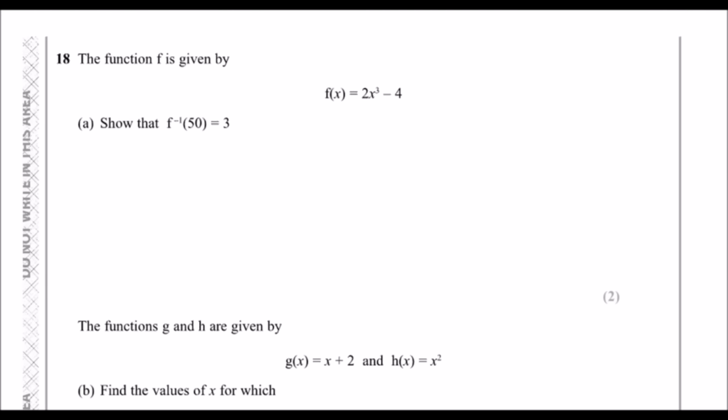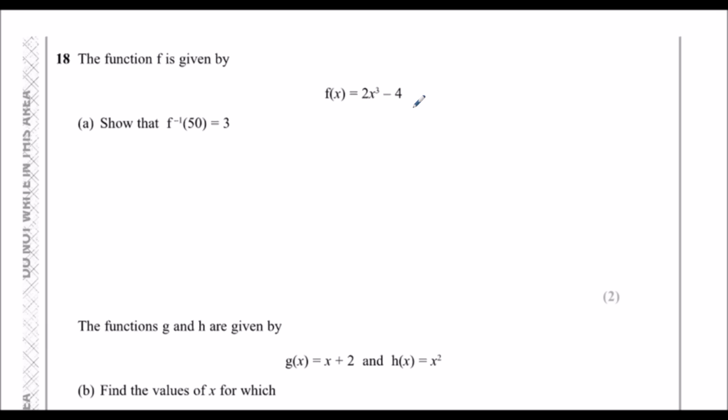Question 18. The function f is given by f of x equals 2x cubed minus 4. Part A says show that f inverse of 50 equals 3. So if you put 50 into the inverse function, you get 3 out. An inverse function is the opposite function. So the output becomes the input, and the input becomes the output.